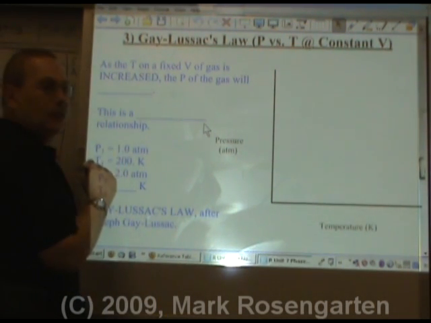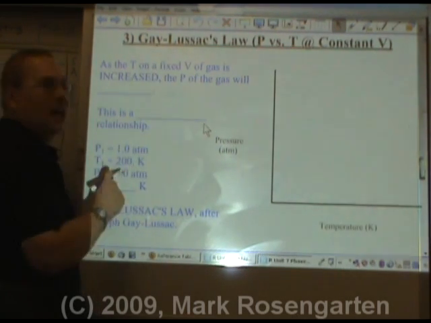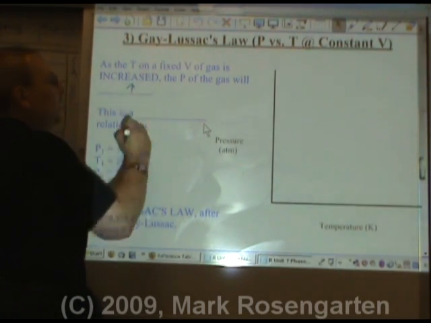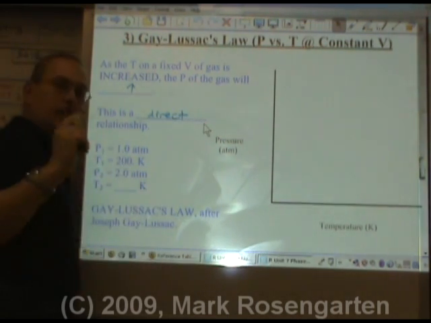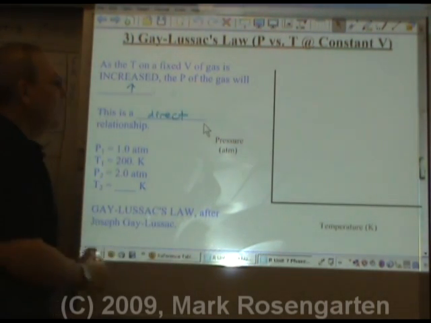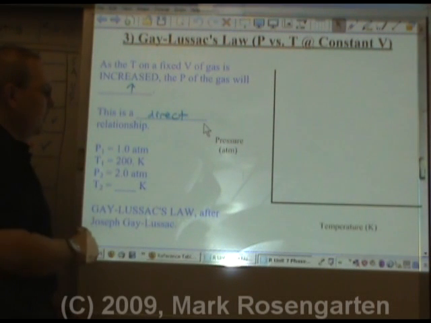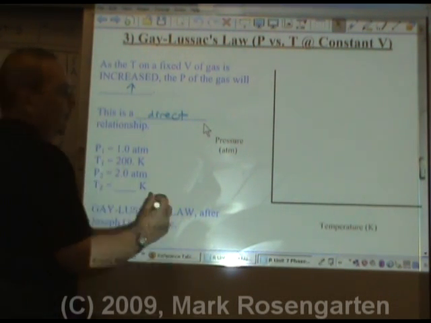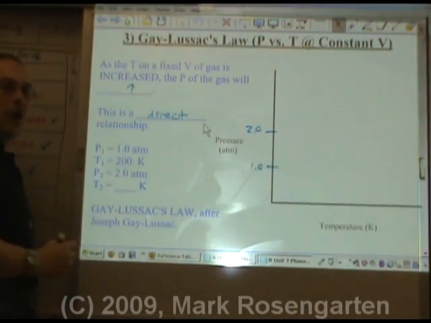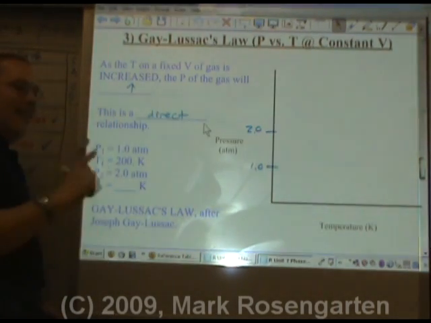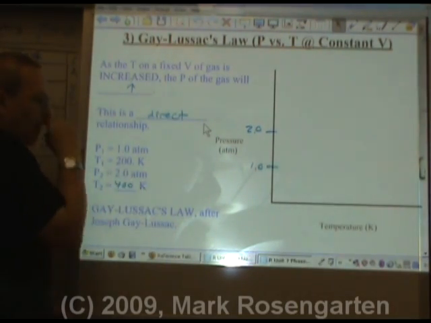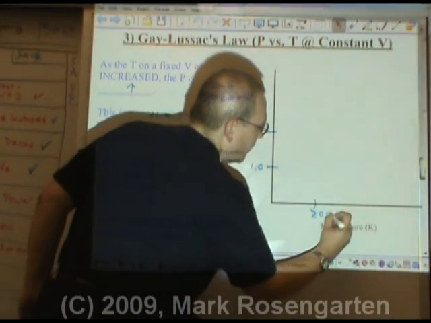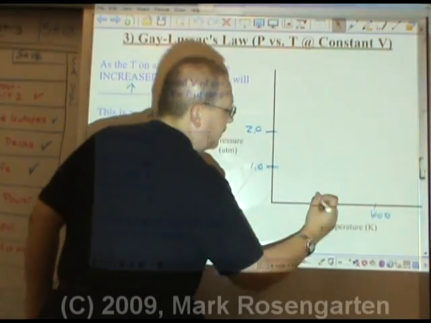So as the temperature increases, if the gas is not allowed to expand, the pressure will increase, making it a direct relationship. Just like in Charles' law, being also a direct relationship, when the pressure goes from 1 atmosphere to 2 atmospheres, that was caused by a doubling of the temperature, from 200 Kelvin to 400 Kelvin.